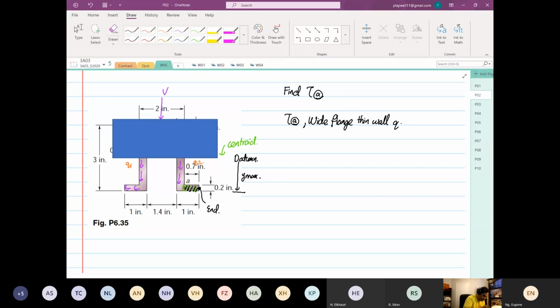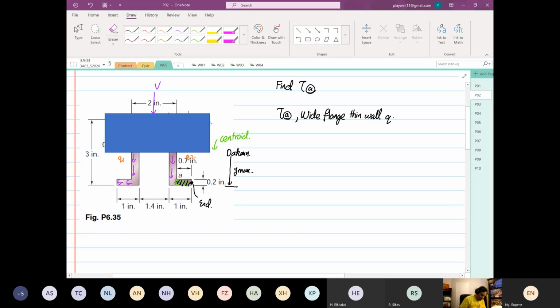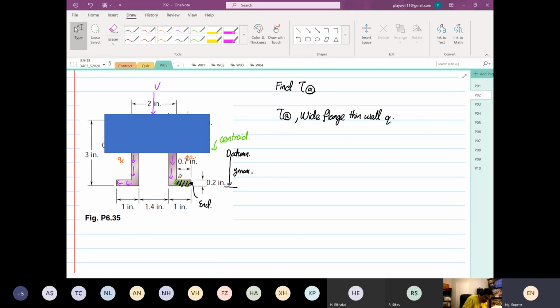Okay. So for now, the shear at point A is equal to VQ over IT. We know t, the perpendicular distance from the shear flow where the t is measured, is 0.2 inches. The first moment of area at point A is equal to width multiplied by depth multiplied by y bar.